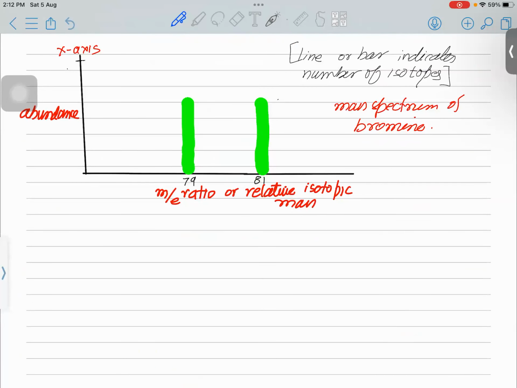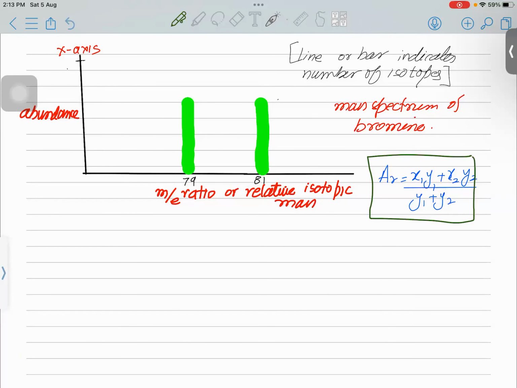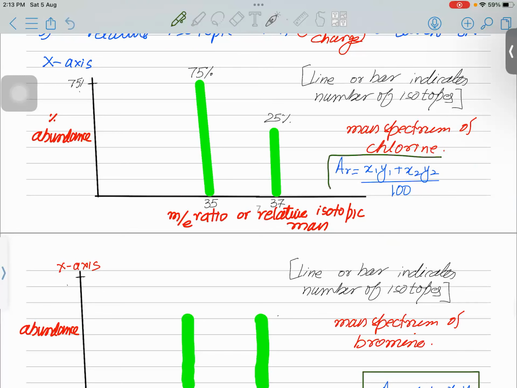But when abundance is written, use X1Y1 plus X2Y2 divided by Y1 plus Y2. Remember this. Are you getting my point or not?